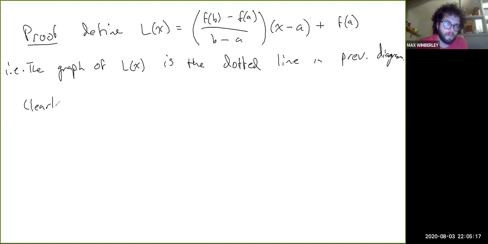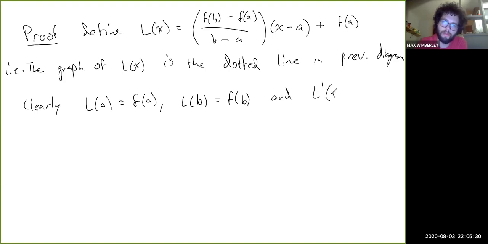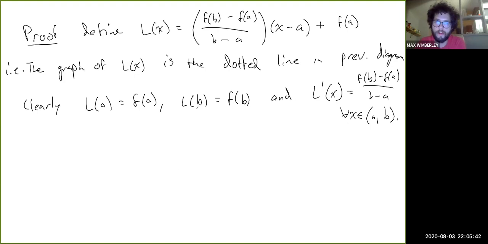Clearly L of a equals f of a, right? L of b equals f of b, and L prime of x is easily shown to be f of b minus f of a over b minus a for all x in (a, b).